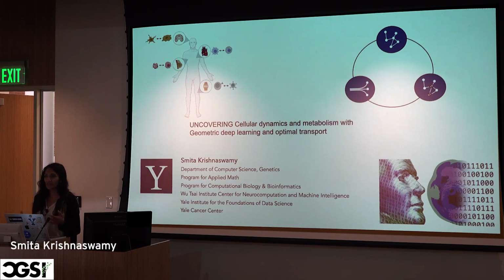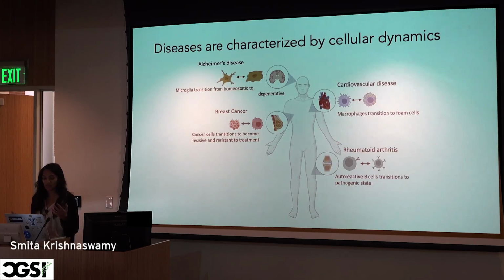Of course, biological systems are very dynamic, and I know a lot of us also work on diseases. Diseases are also some kind of dynamic process that evolves. So you can have cells that are in homeostatic states that are just sort of monitoring the tissue, and then they can start to transform into a different phenotypic identity where they can become inflammatory.